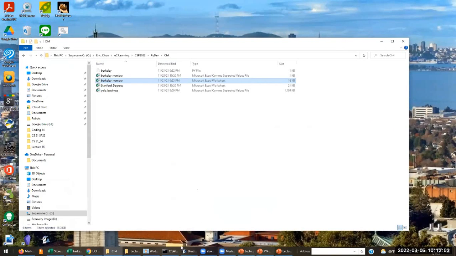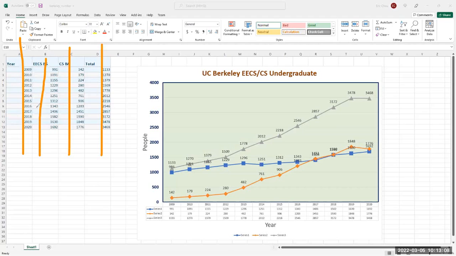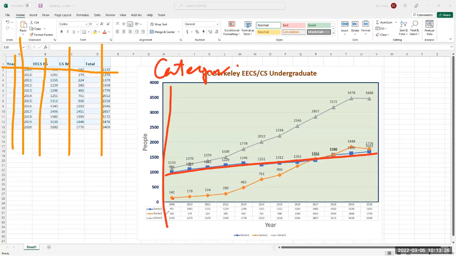In our Berkeley case, EECS enrollment is a data series, CS BA is a data series, year is a data series, and total is another data series. Sometimes you can also call year the categories, so 2009 is actually a category. The EECS line by itself is a series.